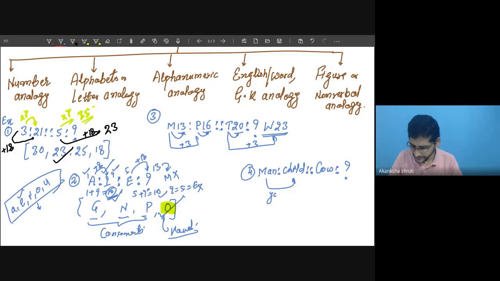So it is the younger relation. Man gives the children. So for cow, the calf is the younger one. So calf is the answer.